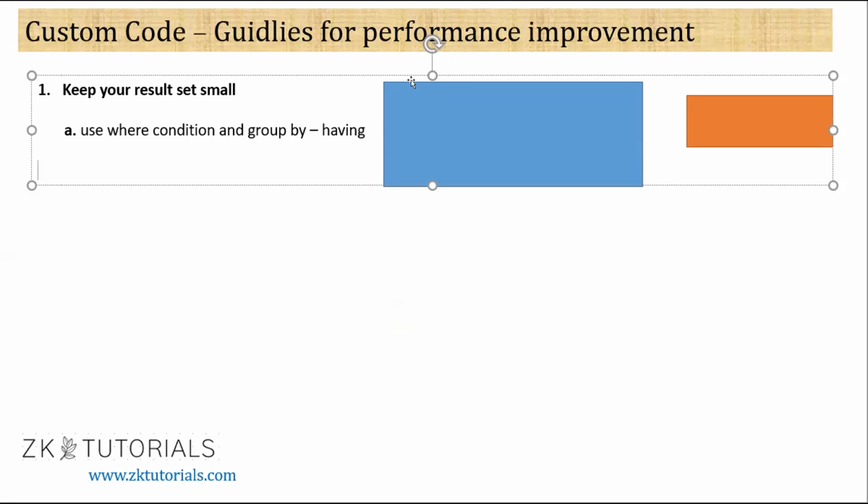Use the group by clause. It will improve the performance. Is it clear, guys? It will do the aggregation in the database itself, and it will finally return only the final result set, which is total sales per quarter or total sales per region, whatever you want. Don't put load on the application layer.